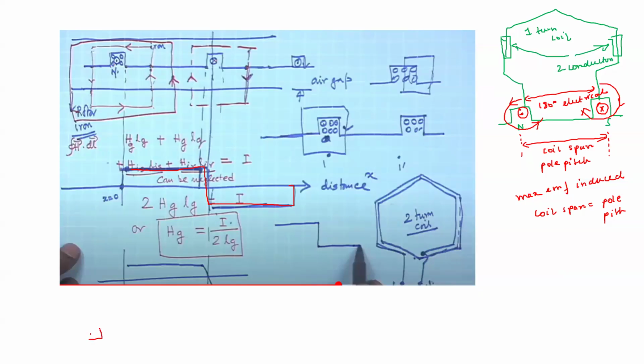Now, let us talk about the stator coils. Let us say we have one here. This is 1 dash, 2, 2 dash.